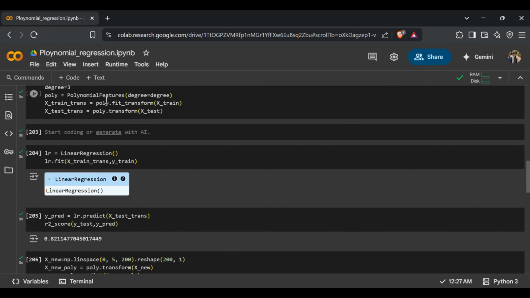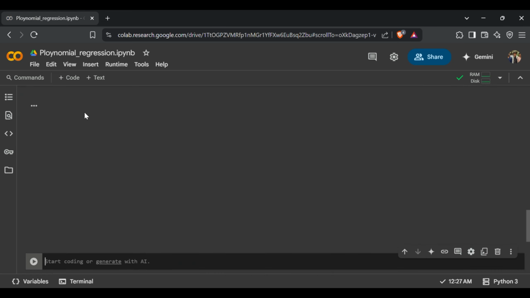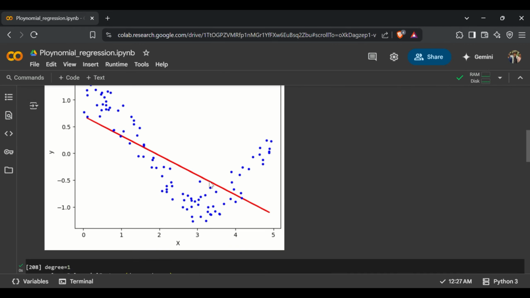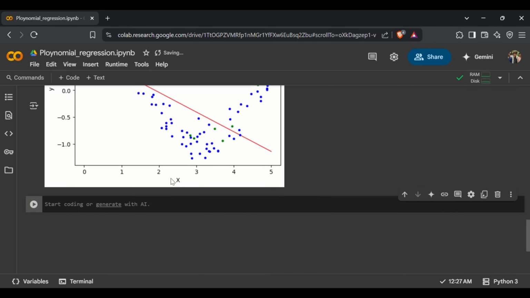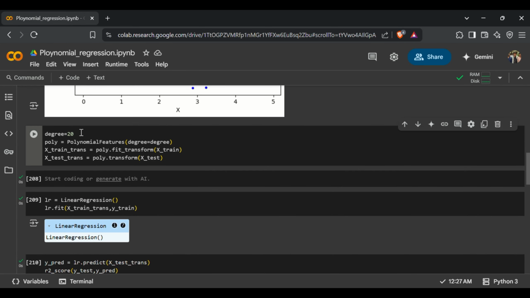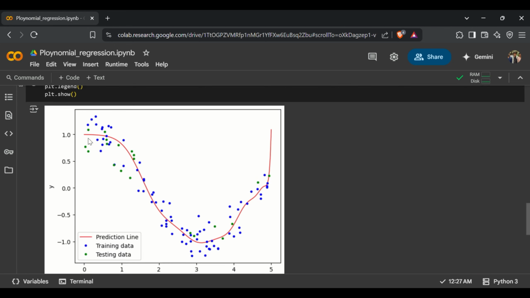When we take degree as 1, it behaves as a linear regression model, the similar line we have seen earlier. Here I have taken degree as 20. You can see the model gets overfitted, mimicking the training data.